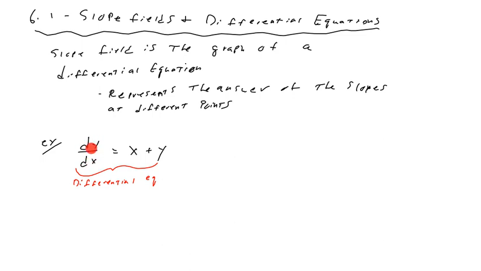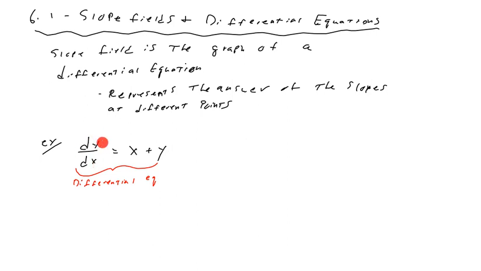It is an equation describing a derivative, right? It says that the slope of that derivative is equal to whatever the x value is plus whatever the y value is of the point that you're located at. So this is a differential equation. It's describing a derivative, which is a bunch of slopes.